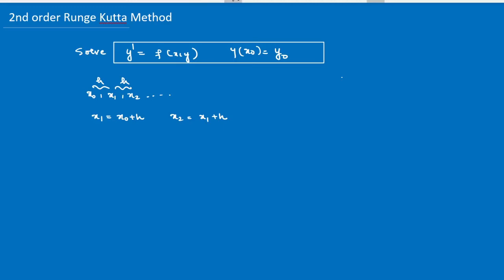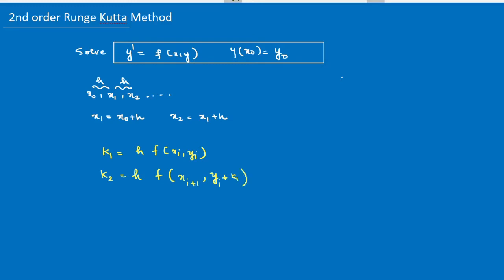There are three equations in the Runge Kutta method. First equation is k1 is equal to h into f of xi, yi. And second equation is k2 is equal to h into f of xi plus 1, comma yi plus k1.